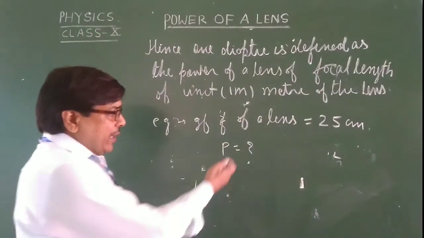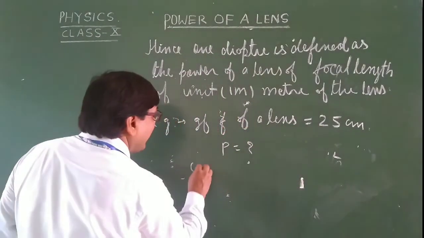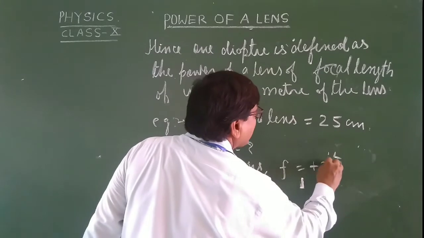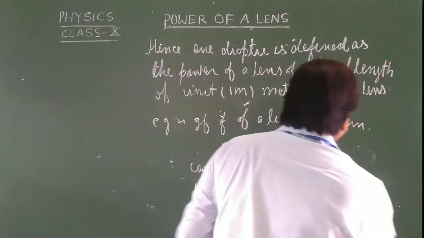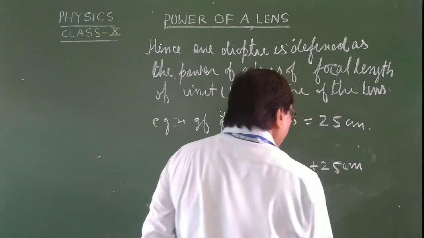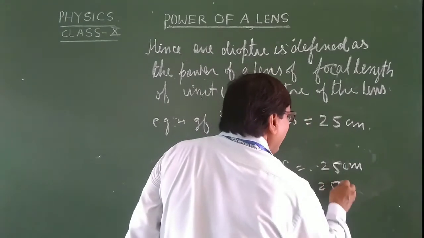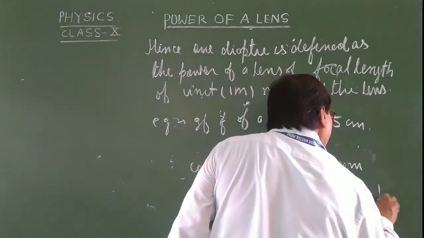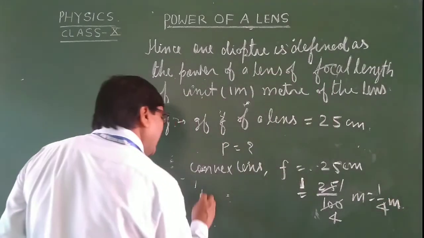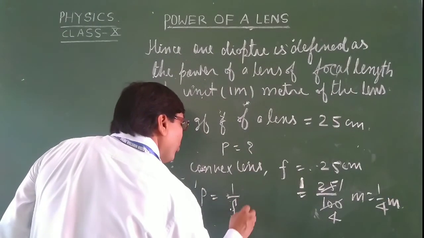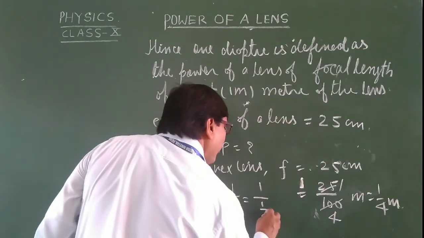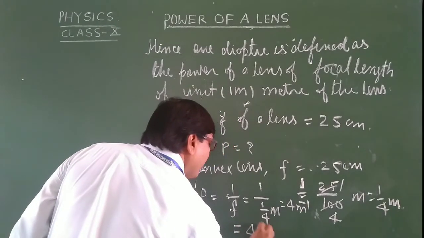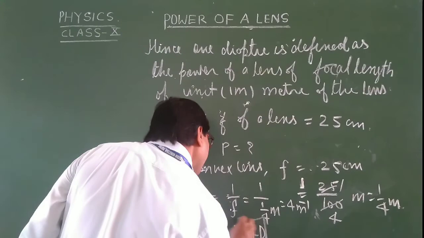The lens is given as positive, so it is a convex lens, and F is given plus 25 centimeter, so convert it into meter. Now 25 by 100, that is 1 by 4 meter. Hence P is 1 by F, so 1 by 4 meter, that is 4 per meter, which is 4 diopter. So power of that convex lens is 4D.